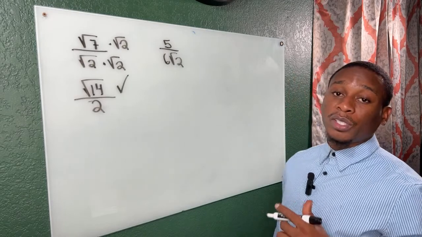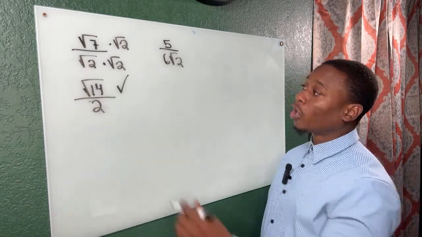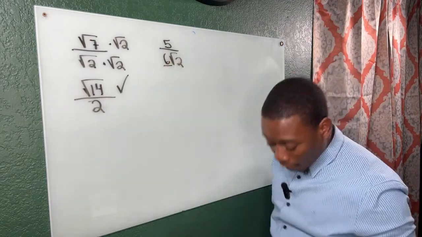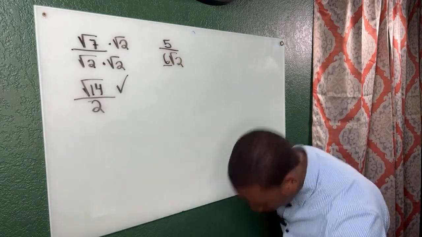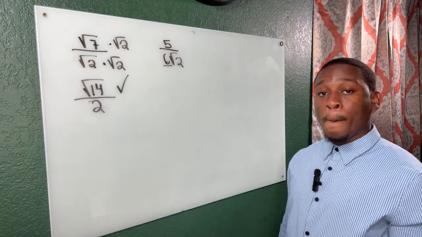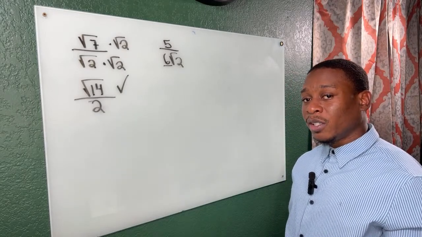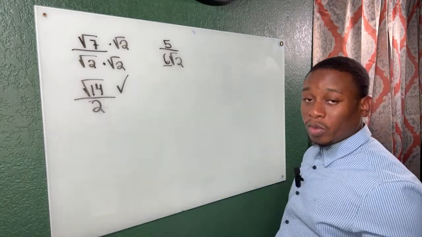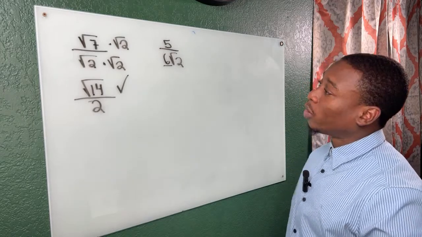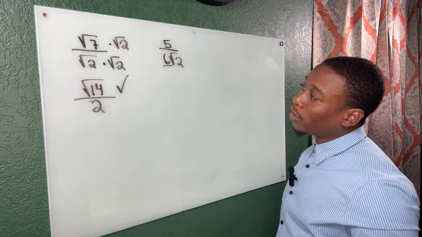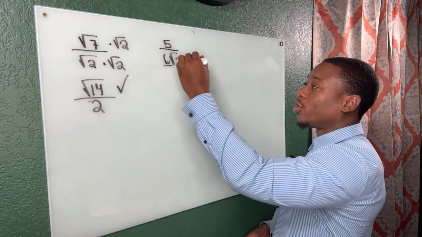Now in problem number 2, it becomes a little bit more complicated because we have a coefficient on the outside of that radical, but it doesn't change. So again, we're multiplying or getting rid of the radical. So we're going to multiply the bottom and the top of this fraction by the radical, which is radical 2.